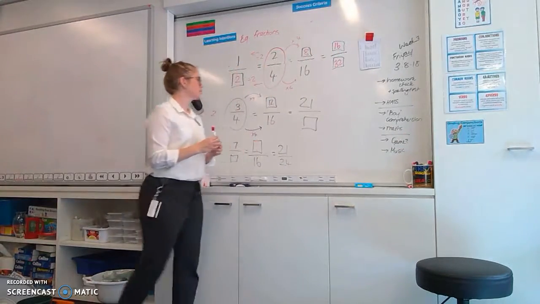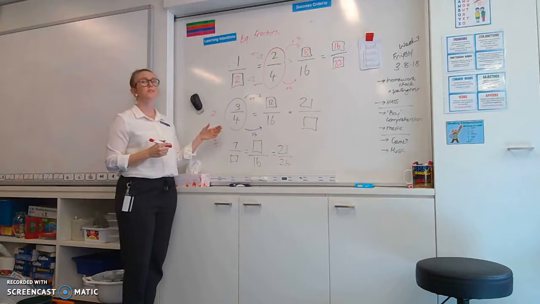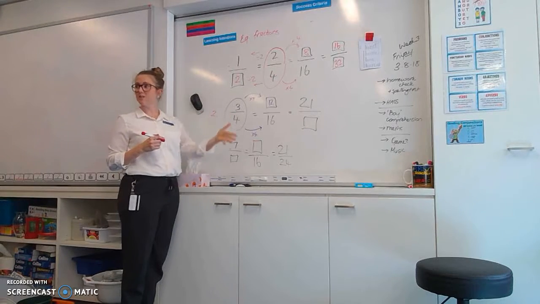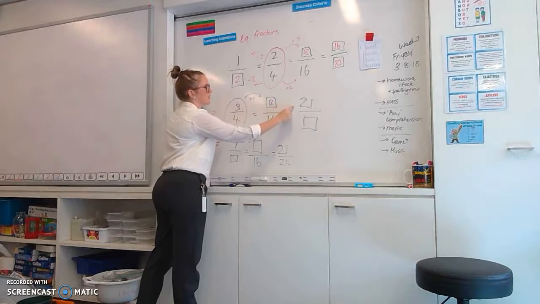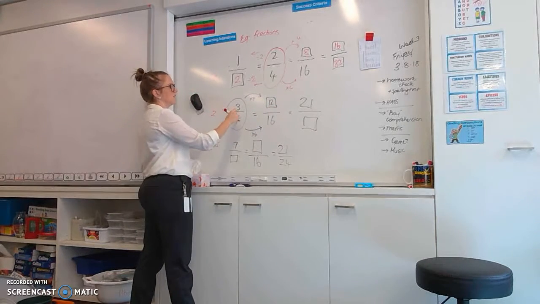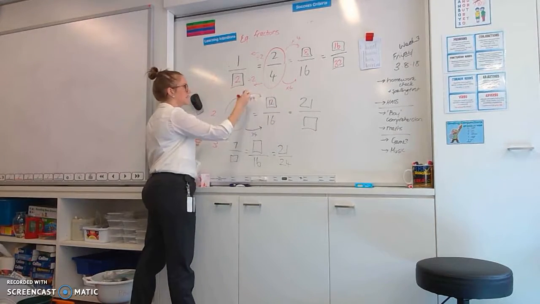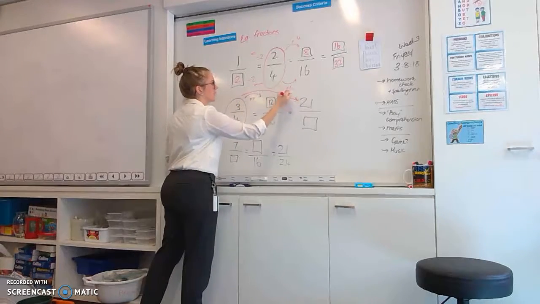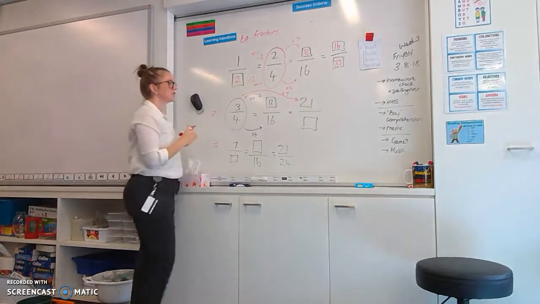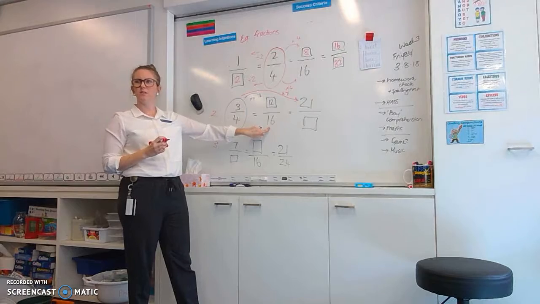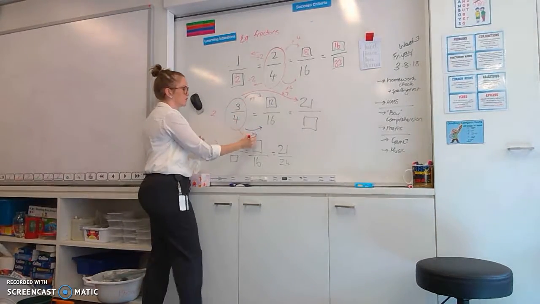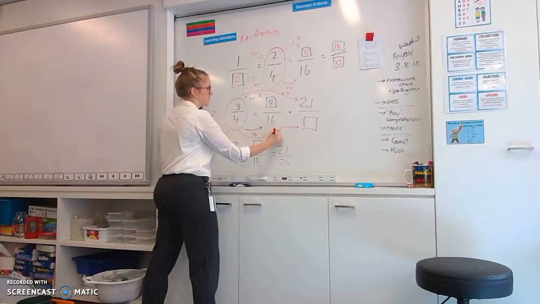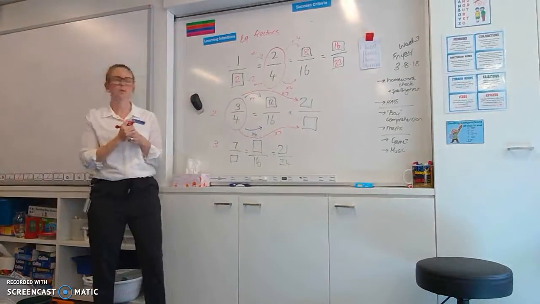You need to go back to another fraction that you can see you can change by multiplying or dividing. So 3 to 21 is 7. Times by 7. Do I times this by 7? No, this one, because it's the same fraction that I used. So times by 7. What's 4 times 7? 28. Awesome.